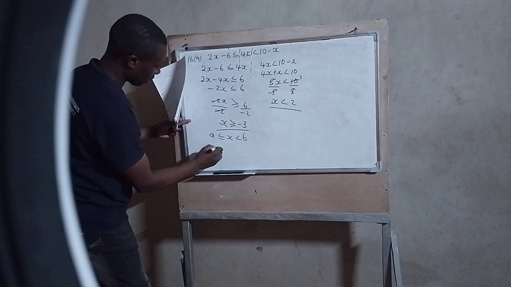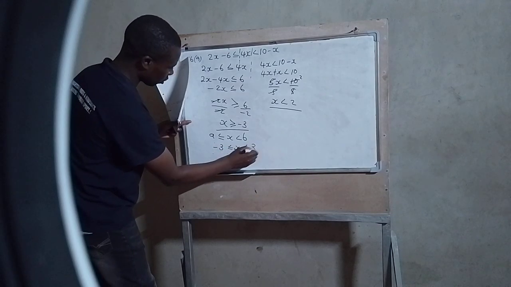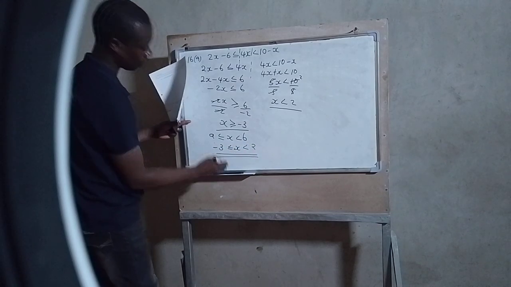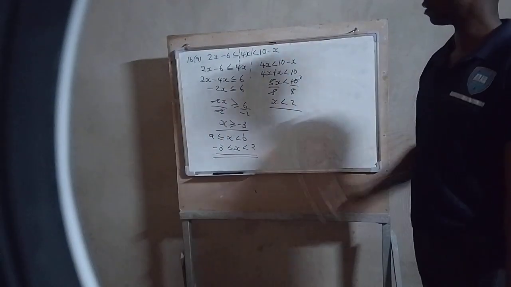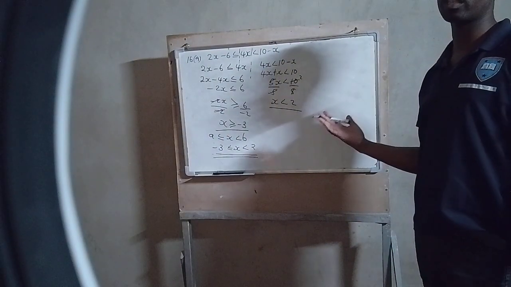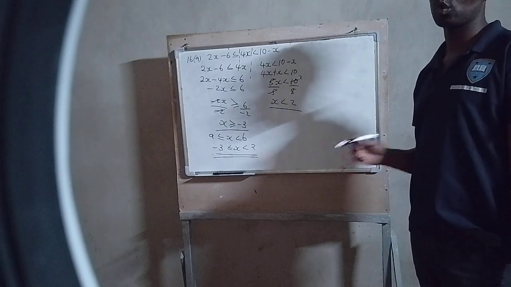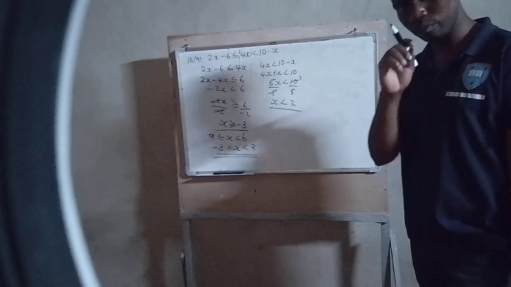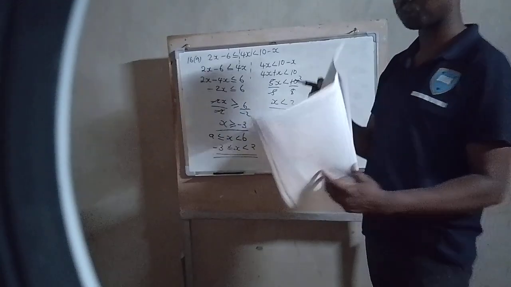So it becomes minus 3 less than or equal to x less than 2. That's our solution. Thank you very much. This question carries 3 marks, so make sure you collect the maximum marks for you to pass this examination.